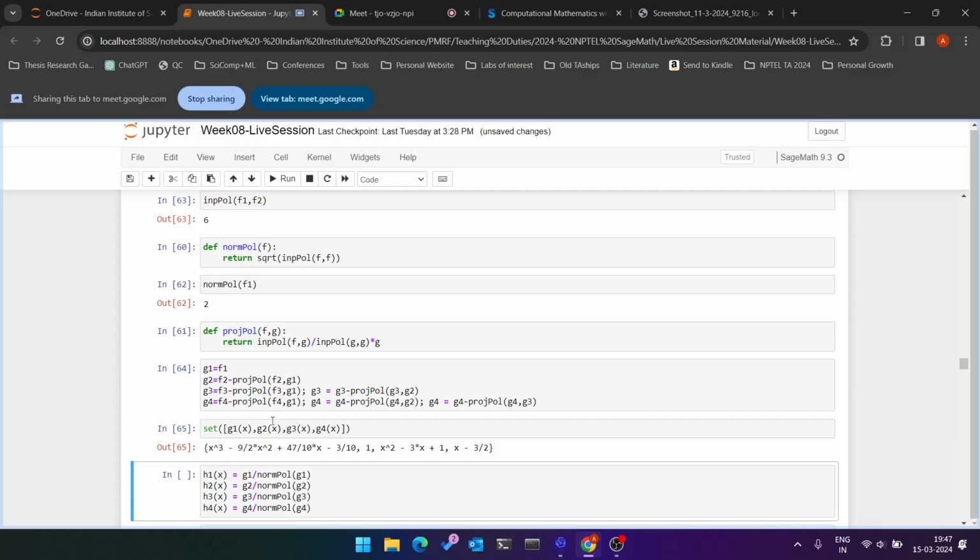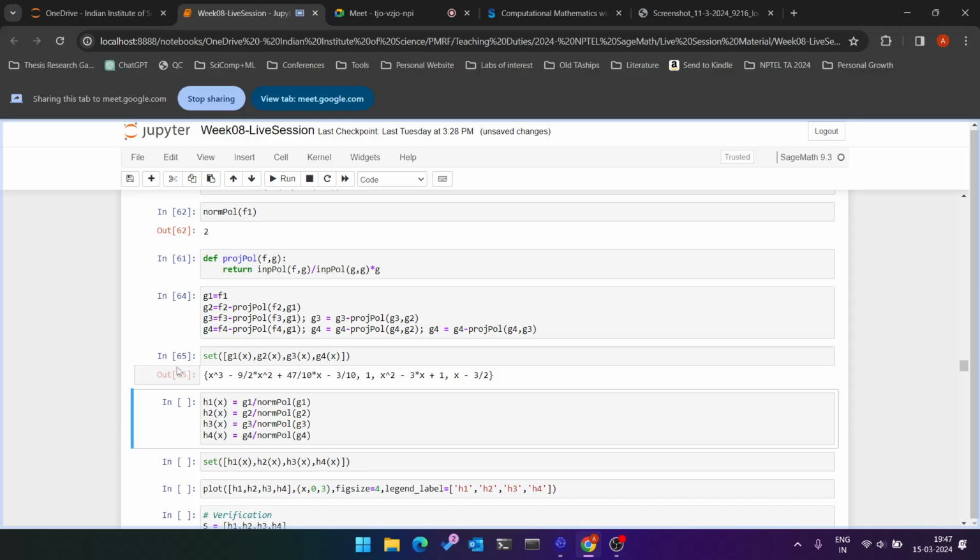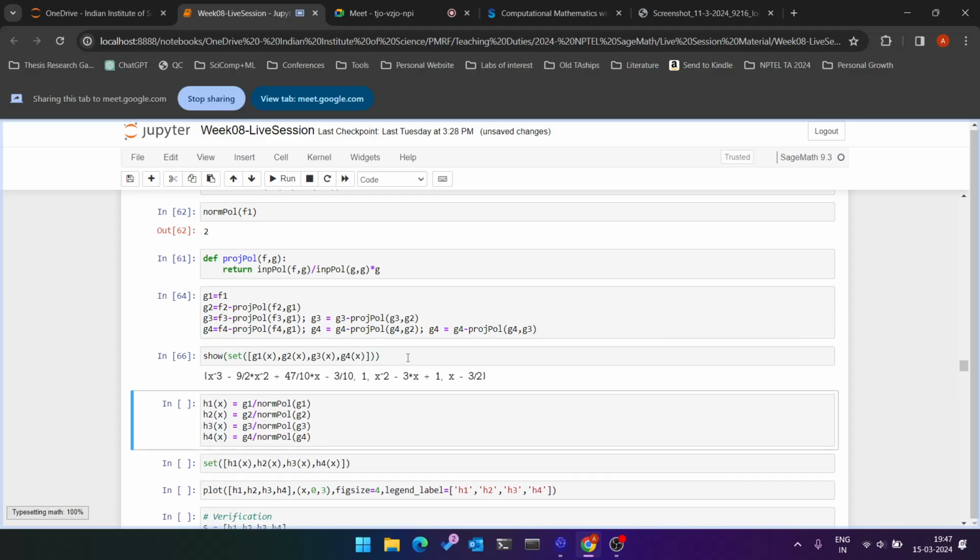So let's see how the set looks like. So let's do a show. So you have x cube minus 9 by 2 x square plus 47 by 10 x minus 3 by 10, x square minus 3x plus 2, and x minus 3 by 2.